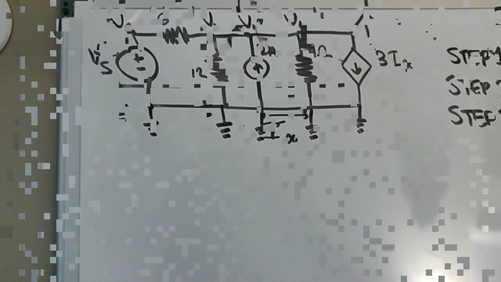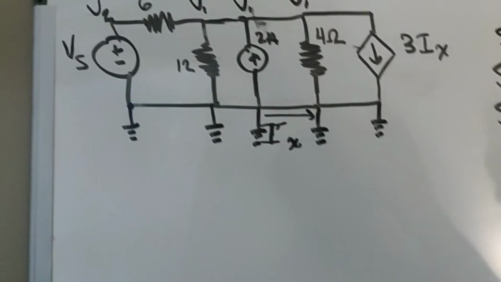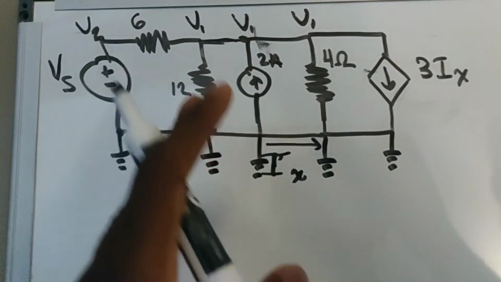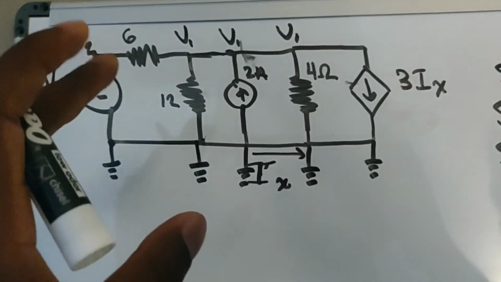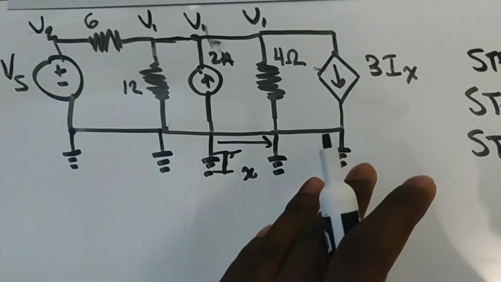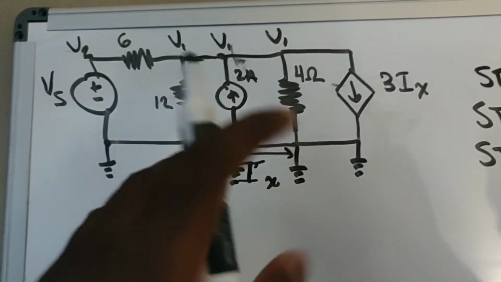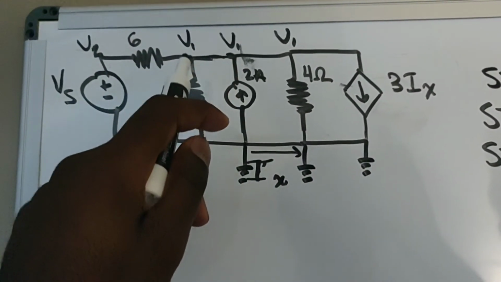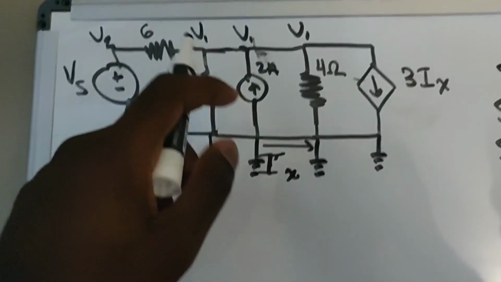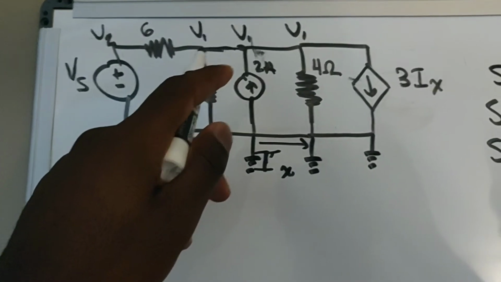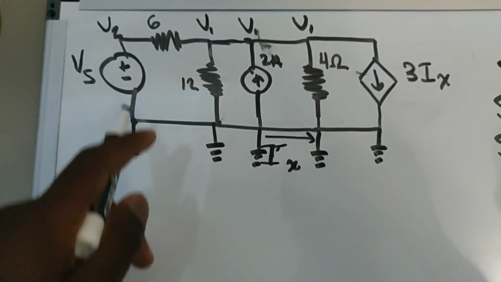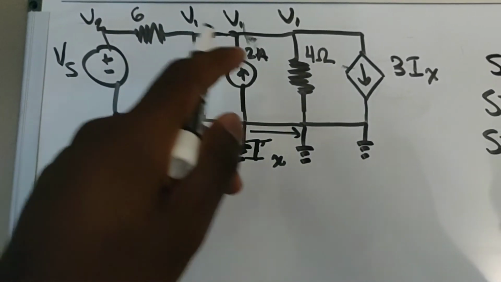So I'm going to start drawing my KCLs from left to right on this circuit. Again, this is technically one node, but we'll start from right here, and we'll do all the currents coming outward of this node.